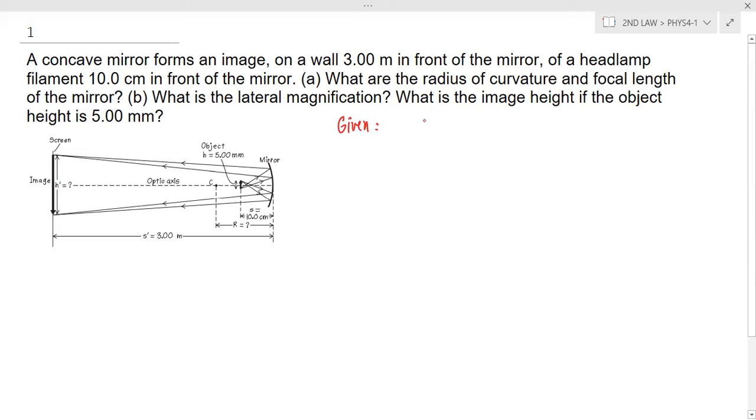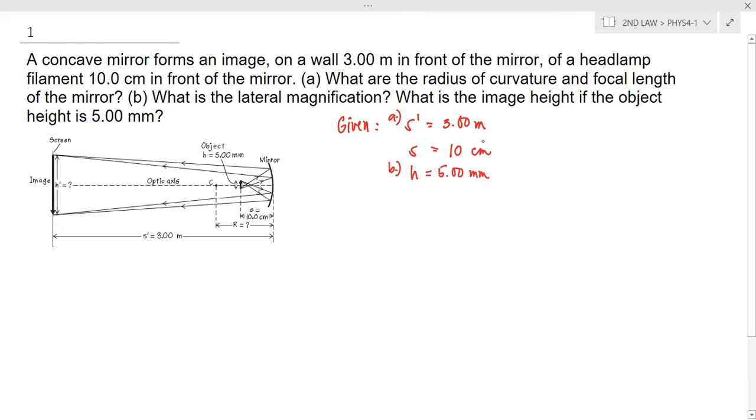I will write the given. We have the S prime, this is for the image. The distance of the image from the mirror is 3.00 meters. The distance of the object from the mirror is 10 centimeters. Note that they have different units. And for the given for B, we have the height equivalent to 5.00 millimeters.